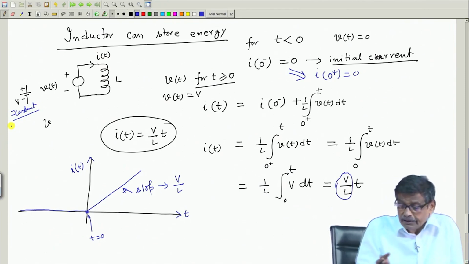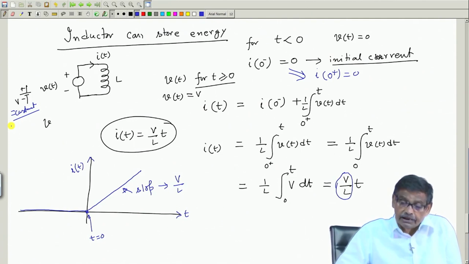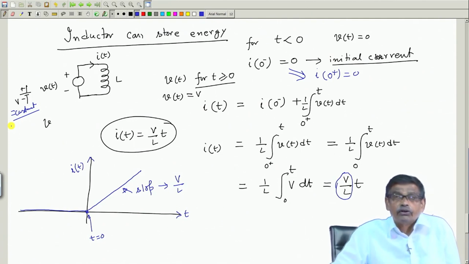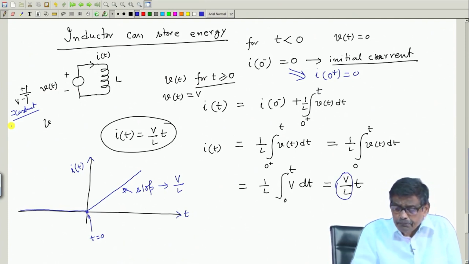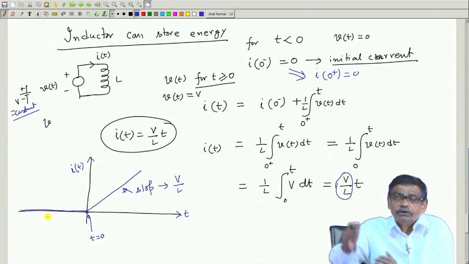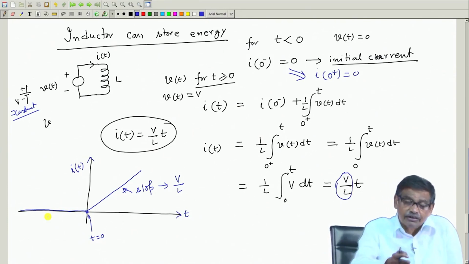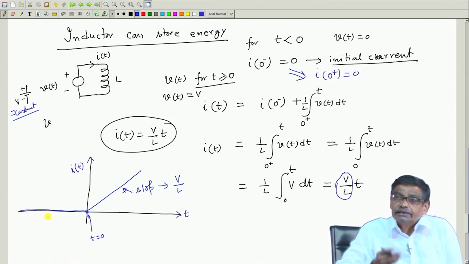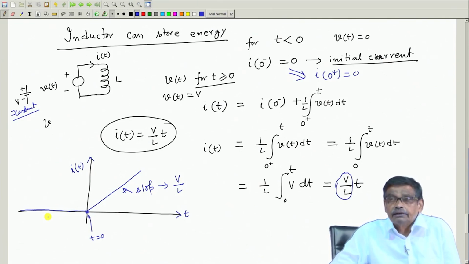To give a simple example, of course, you can easily see I should not apply a constant voltage across an inductor for long. If you do, what happens? As time passes, the current will go on increasing limitlessly. After all, you have made the inductor with a wire which has got a definite cross section, it has got a definite current carrying capacity.